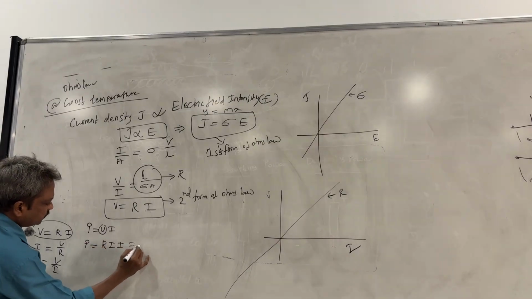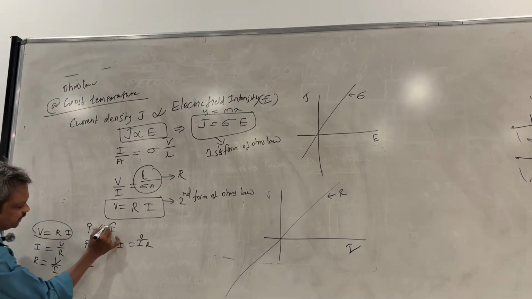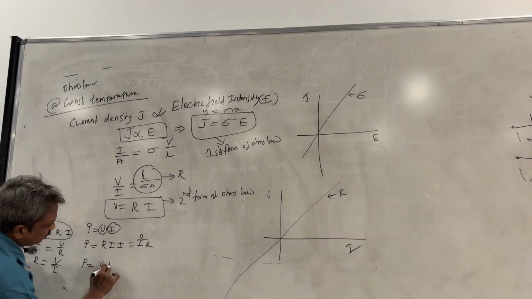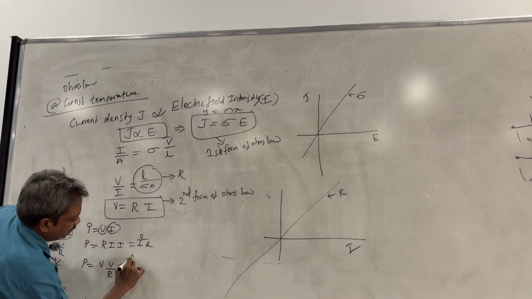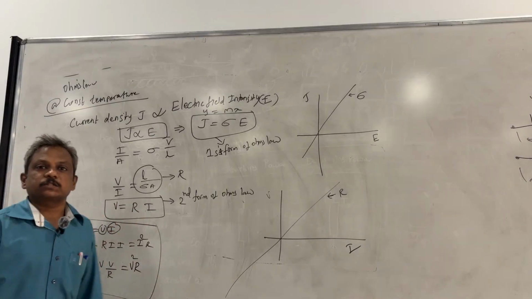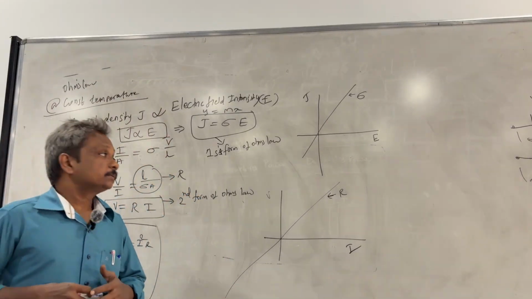R I I means I square R, another formula for power. And if you replace this I with V by R, you will have another formula. These are all the fundamental formulas you should know to solve the basic problems.